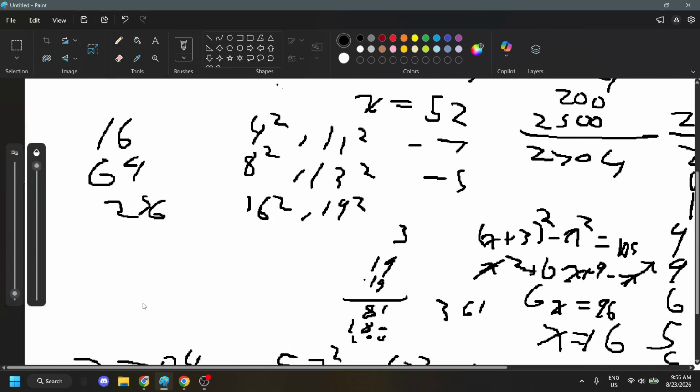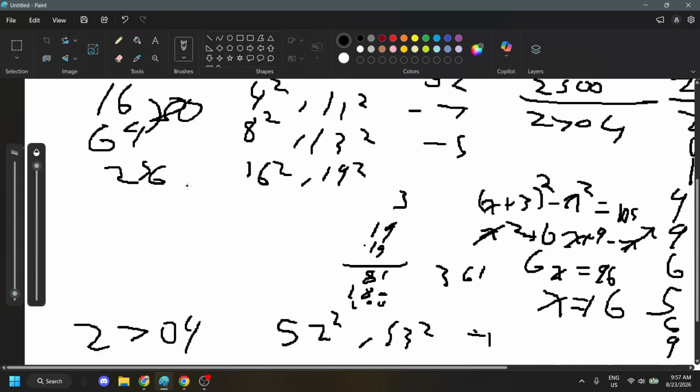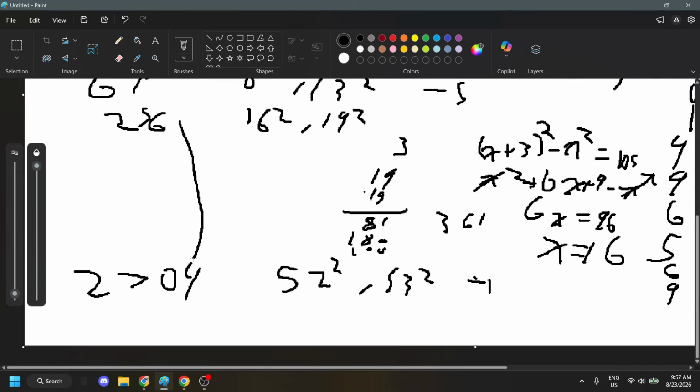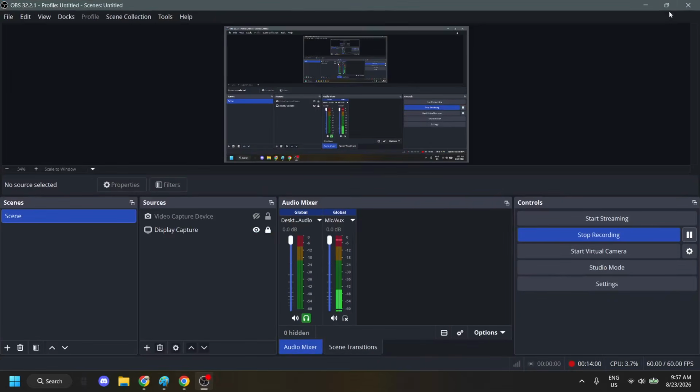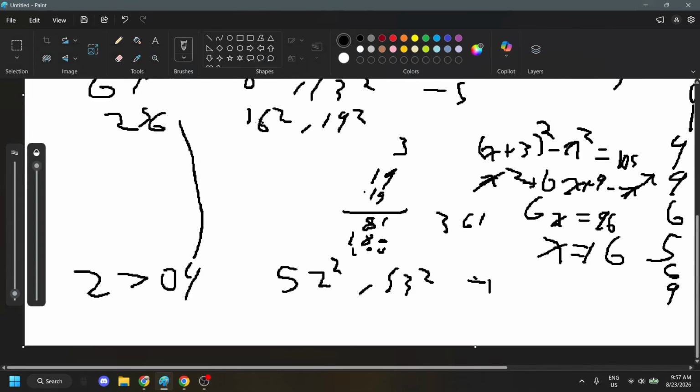Cool. So adding all these together, 16 plus 64 is 80.